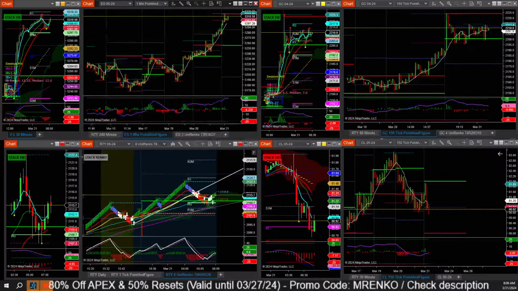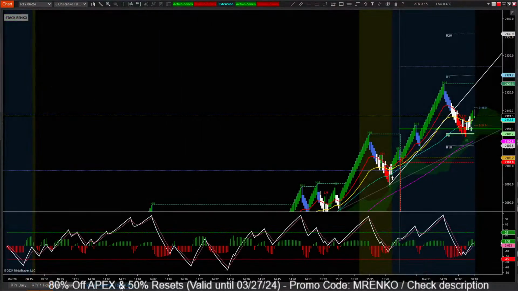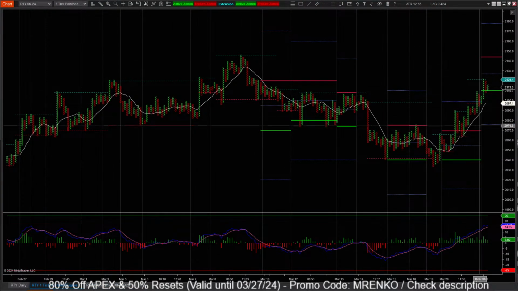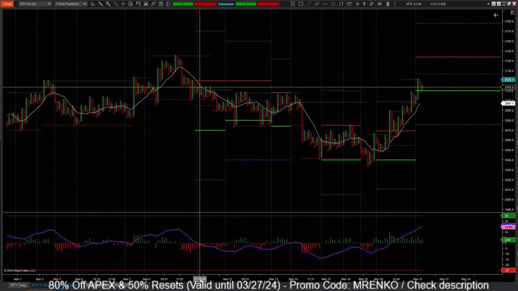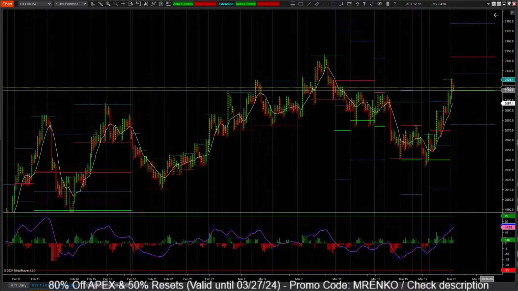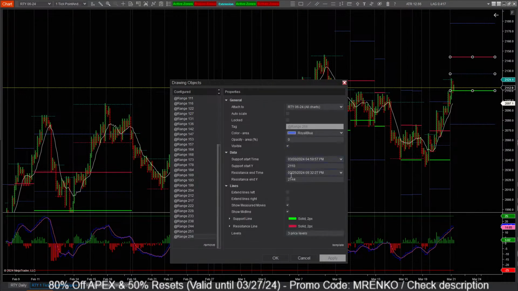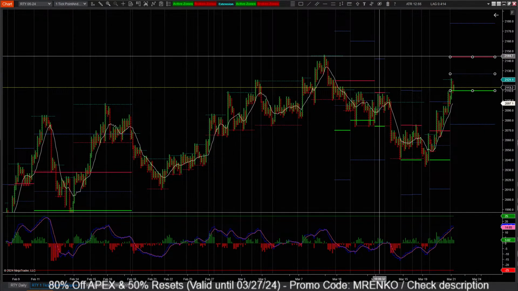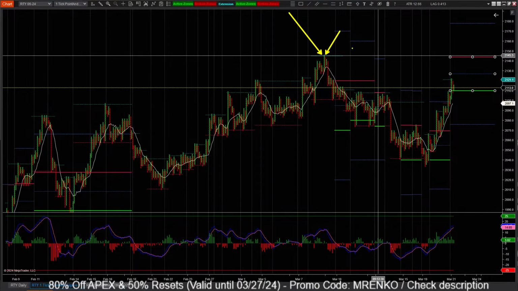Let's go to RTY first, and you see that identifying these pivot points here, we can draw a line right there. This is 2109, 2110, and 2144 in the resistance, which is up above in this pivot high right there.